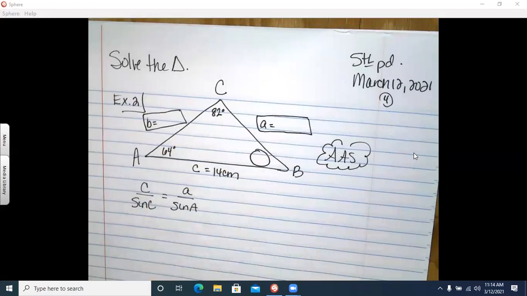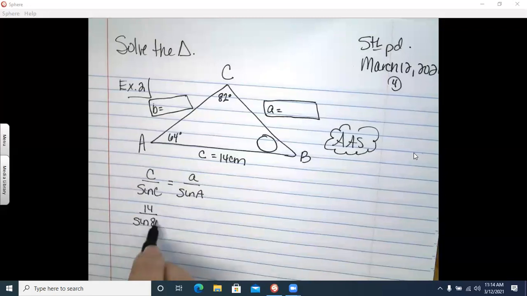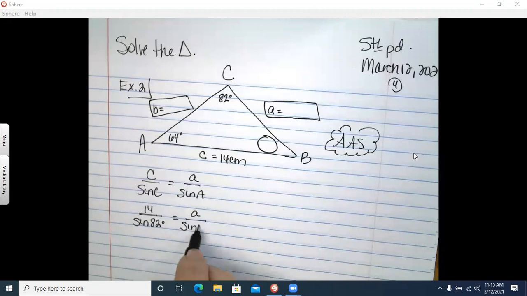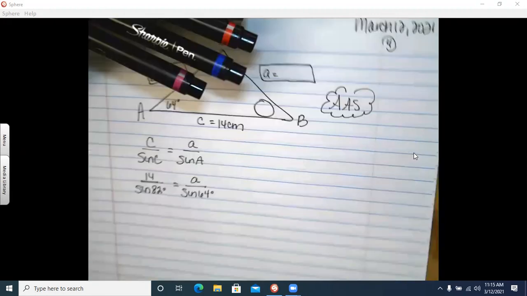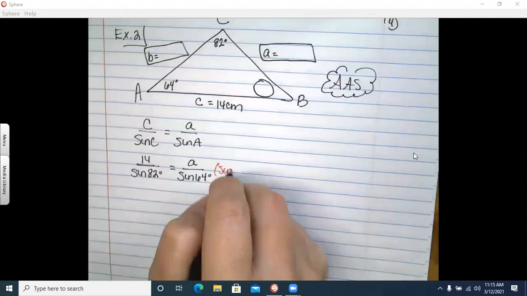All right, so C is 14 over sine of 82 degrees equals, we don't know leg A, that's what we're trying to find, over the sine of 64 degrees. So what are we going to do? Multiply by sine of 64 degrees on both sides.